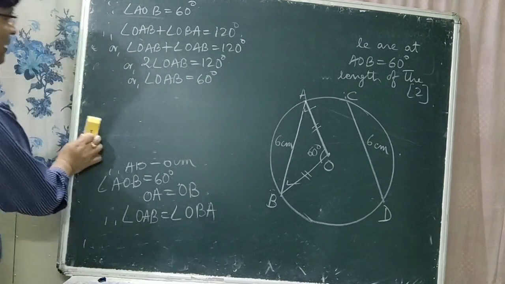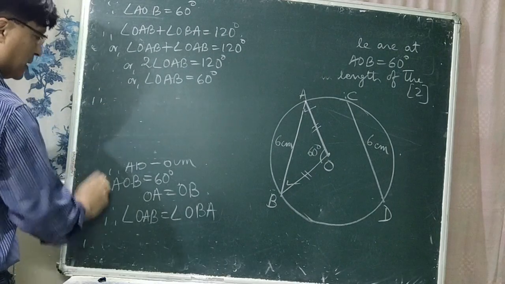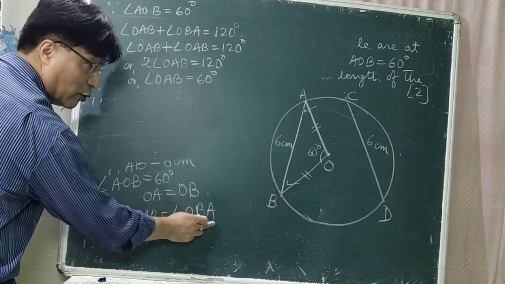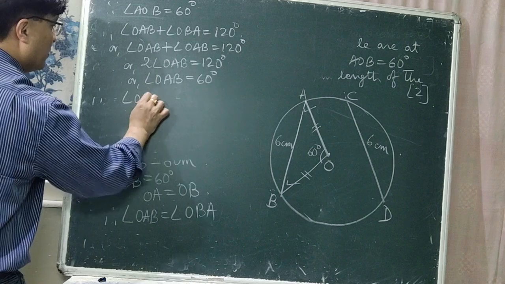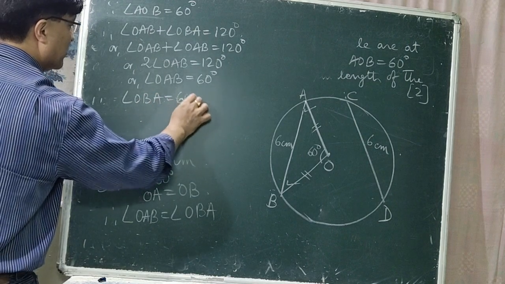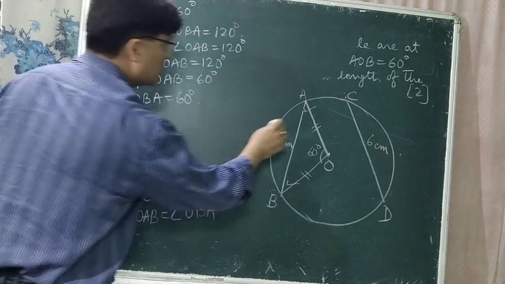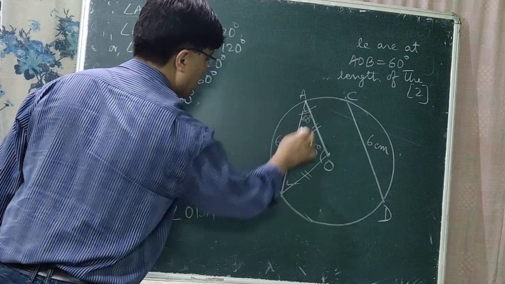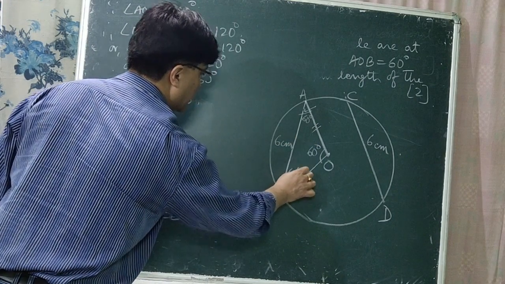So angle OAB is equal to 60 degree. But angle OAB is equal to angle OBA, so angle OBA is also 60 degree. Is that clear? So this is your 60 degree, and this is also 60 degree.